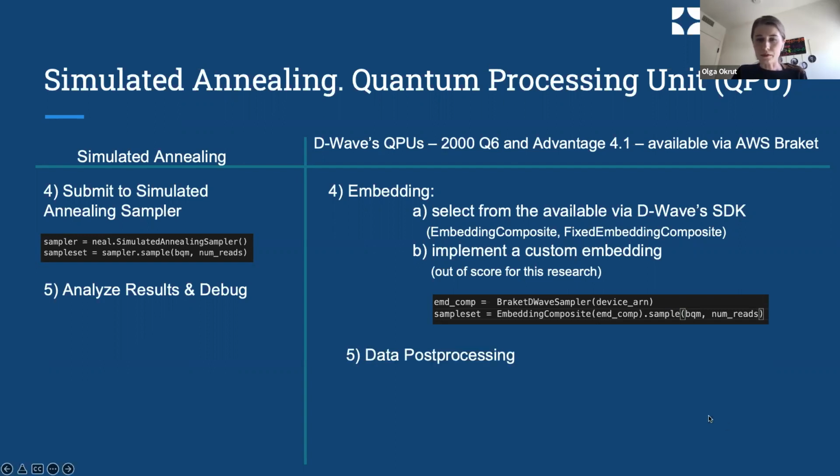And after running the experiment on the QPU, it is also nice to consider classical data post-processing, especially for a large number of strategies or a large number of players. This also helps you to narrow down your solutions and to get better quality results.